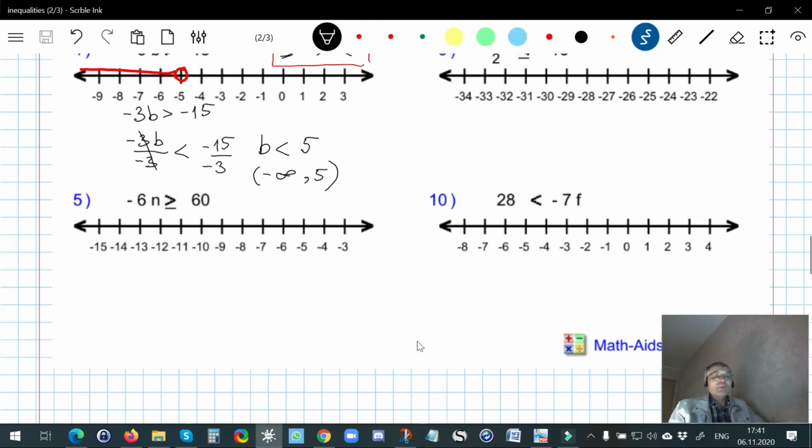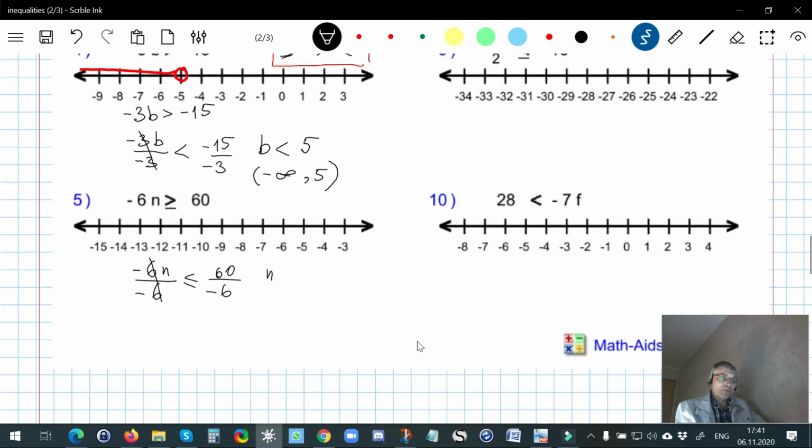So after division by negative 6, we have to change the inequality sign. I won't rewrite the original inequality in this case, just divide immediately. Here I change 60 over negative 6, negative 6 cancels.